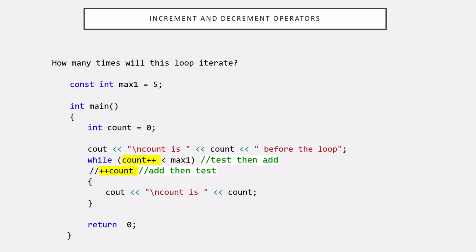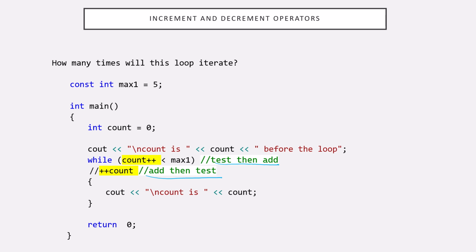So here's an example right here. This is going to test and then add, where this is going to add and then test. This is going to have an impact on how many times the loop will run.